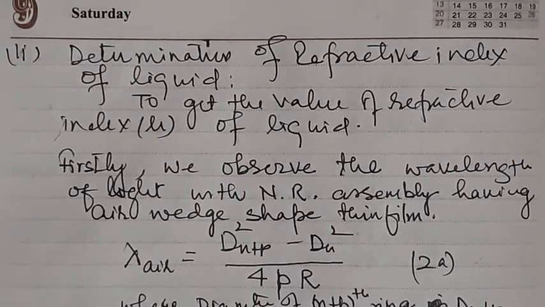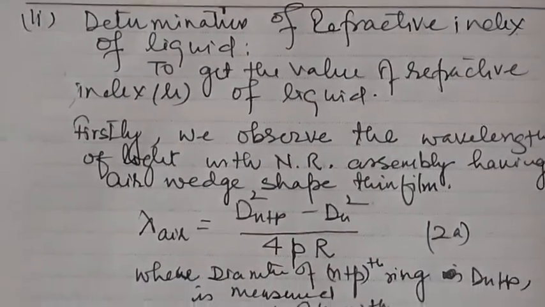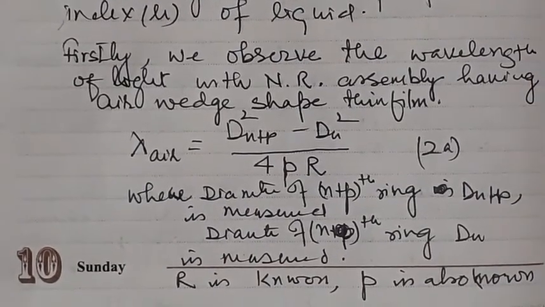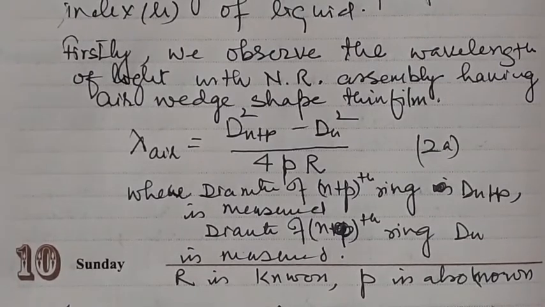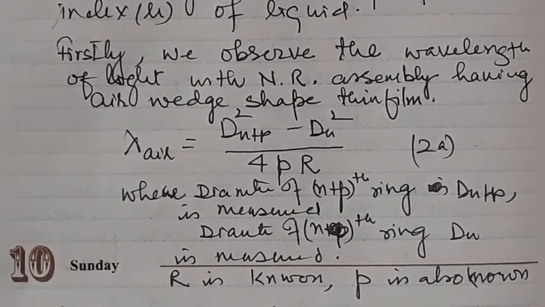Capital R is measured by spherometer, and p is known. In that way, the wavelength of that source is measured.